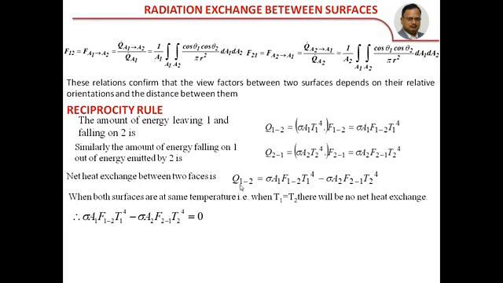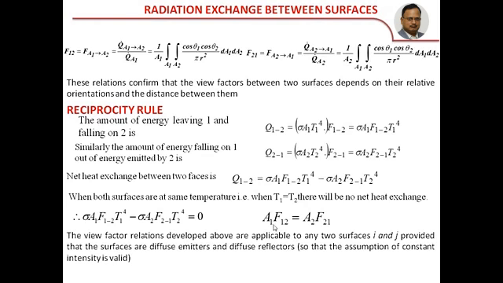So when T1 equals T2, this Q12 will become 0. Therefore, sigma cancels, T1 and T2 cancel, and you get A1 F12 equal to A2 F21. This is known as the reciprocity relation, because if the area is more, the shape factor will be less; if the area is less, the shape factor will be more.